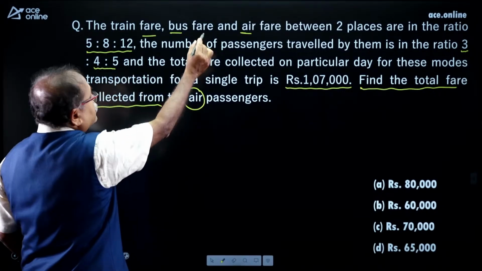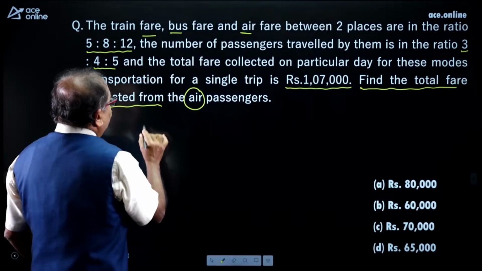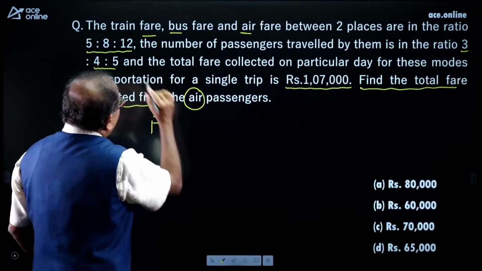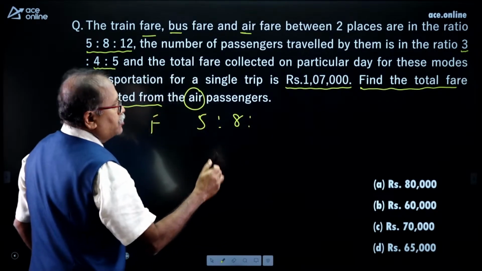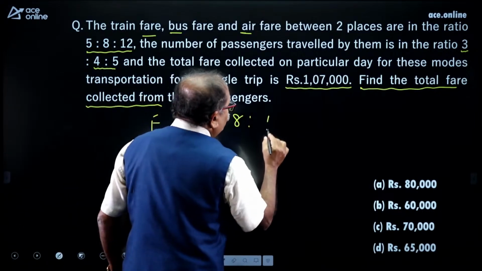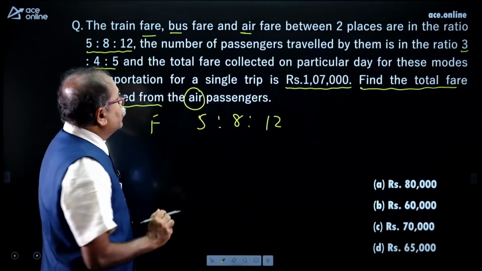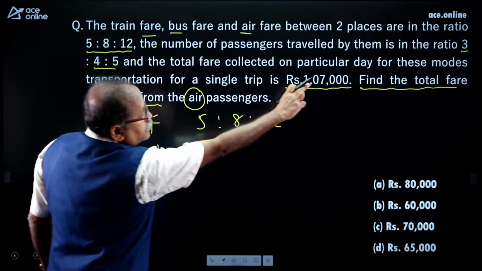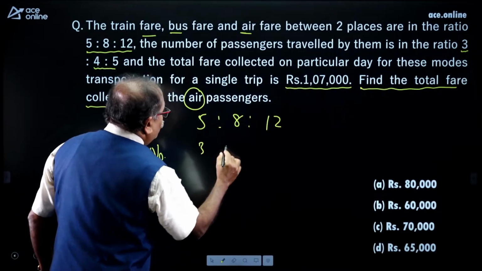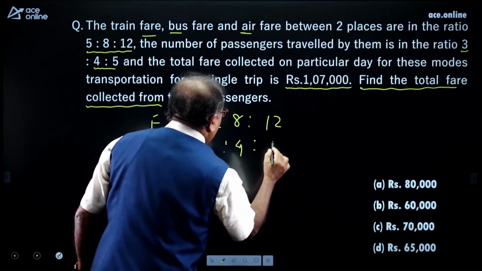So, you have noticed that the fare ratio is 5:8:12, and the number of passengers on a particular day is in the ratio 3:4:5.